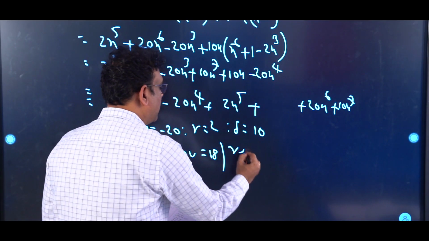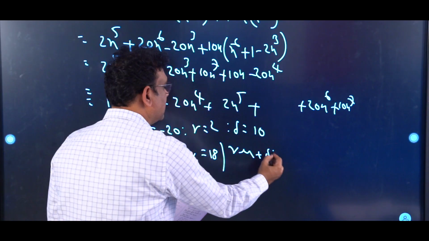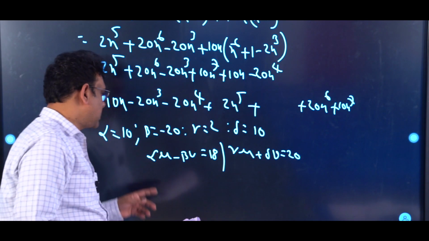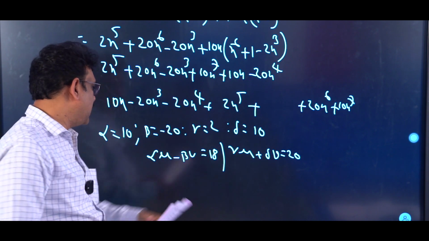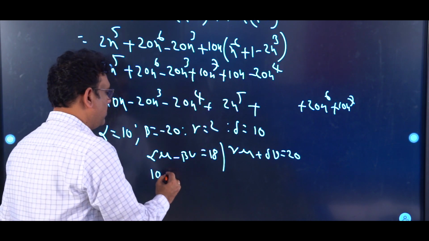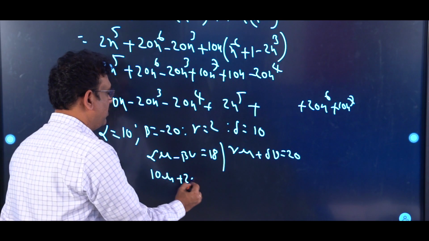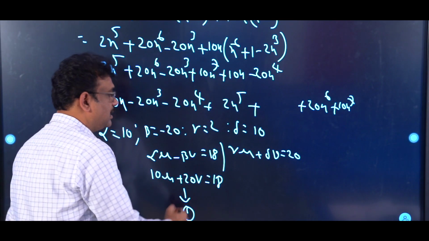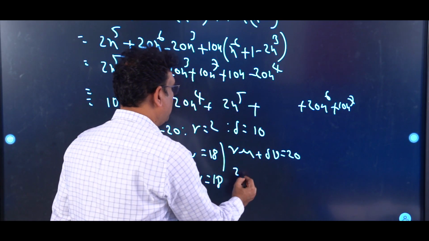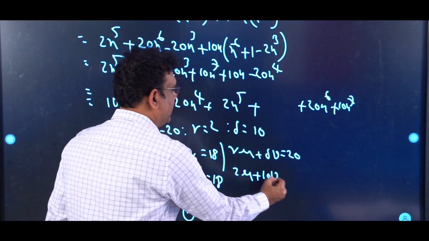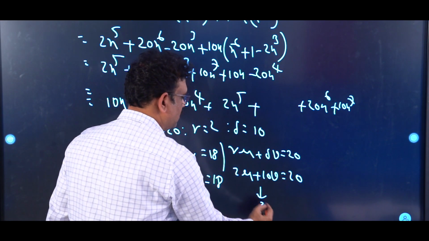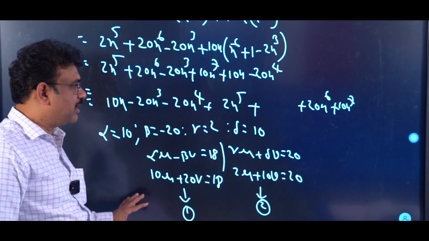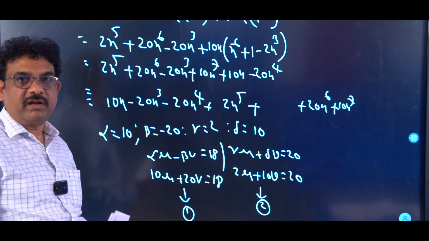Next, gamma u plus delta v is equal to 20. Now substituting alpha, beta, gamma, delta, we get 10 u minus, minus 20 v is equal to 18, this is equation 1. Next, gamma 2 u plus 10 v equal to 20, equation 2. Solving equation 1 and 2, we get u and v, and then you can find u plus v. That is the required answer.